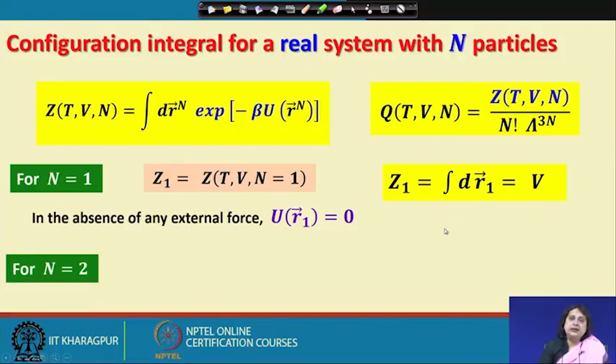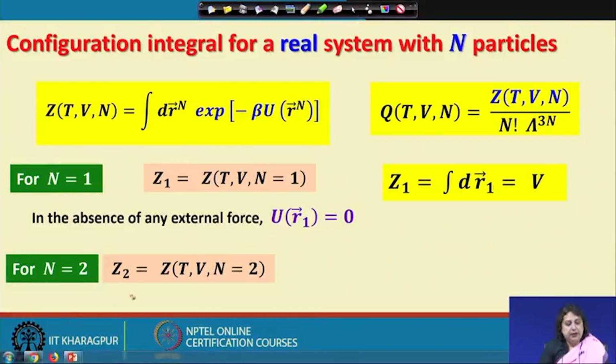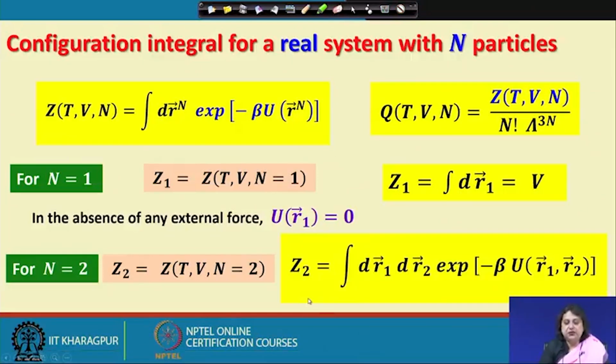Now, what happens if I have two such particles? Then the configuration integral is given the symbol Z2, and by definition this is the same Z(T,V,N), but now computed with N equal to 2. If I write out explicitly the expression for Z2, it is this. Z2 is the configuration integral of a system comprised of two particles 1 and 2.